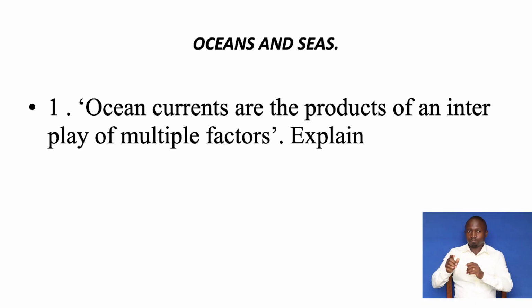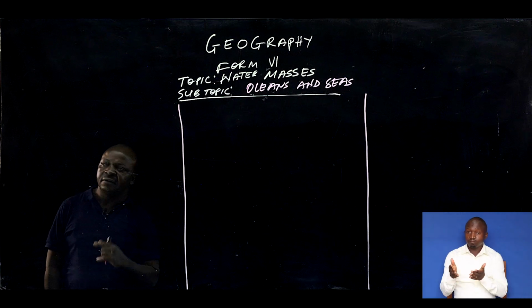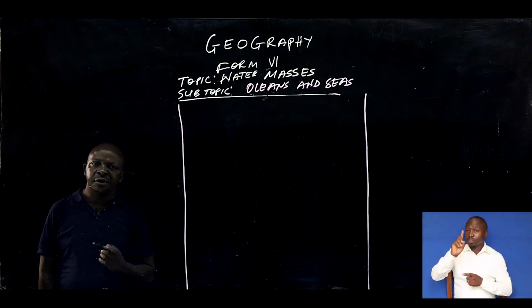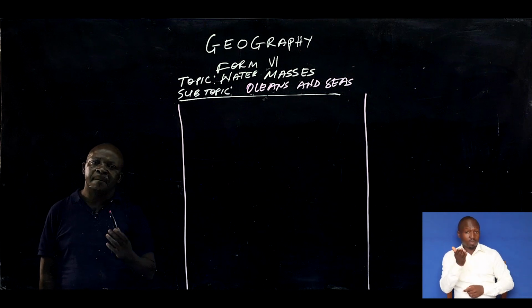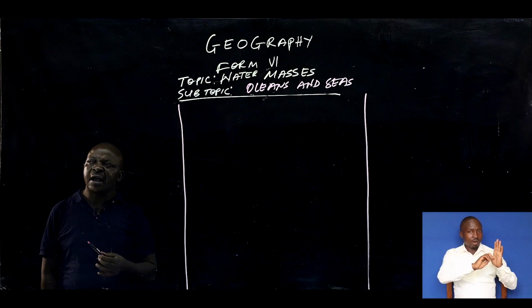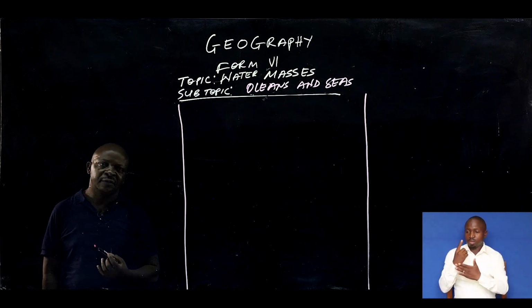Okay, so the first question, my dear students, reads: ocean currents are the products of an interplay of multiple factors. Explain.